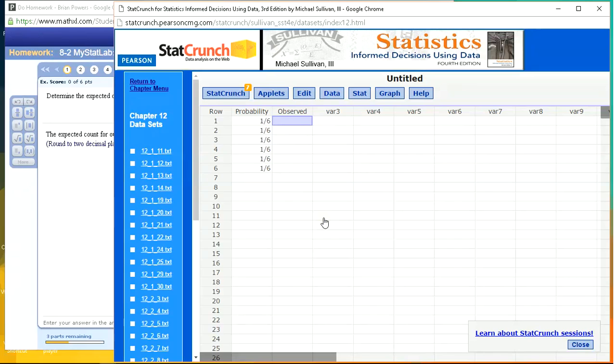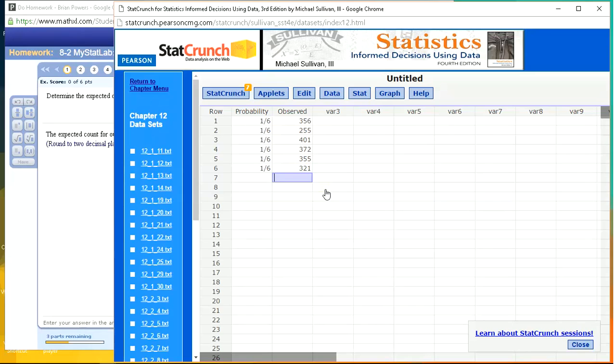Let's say I got 356 ones, 255 twos, 401 threes, 372 fours, 355 fives, and 321 sixes.